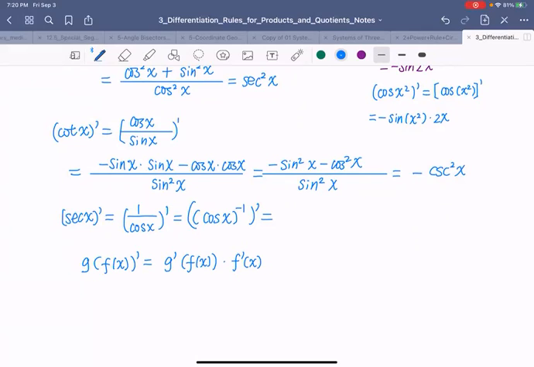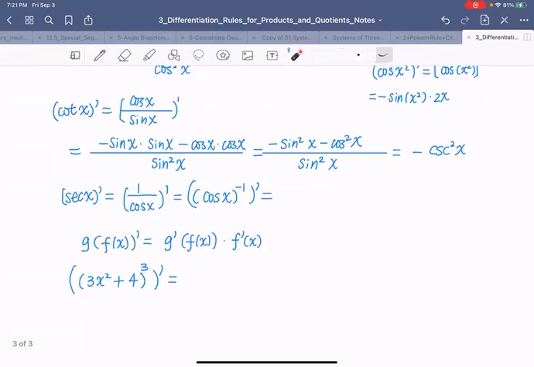So what does this mean? For example, you have 3x squared plus 4 to the power of 3, and you want to do this guy's derivative. Well, students say that's easy.